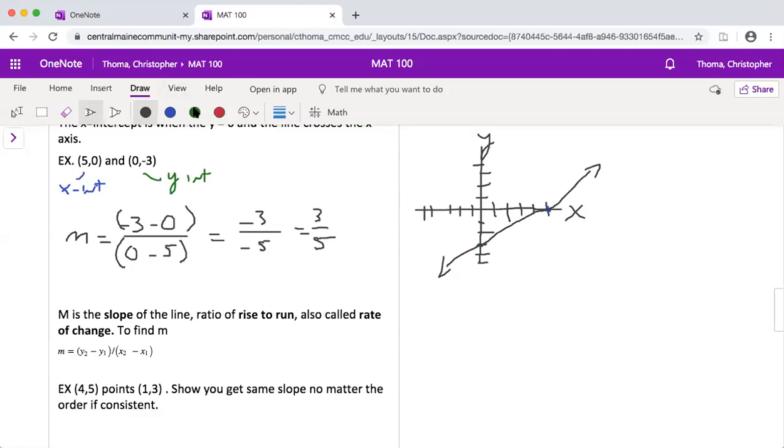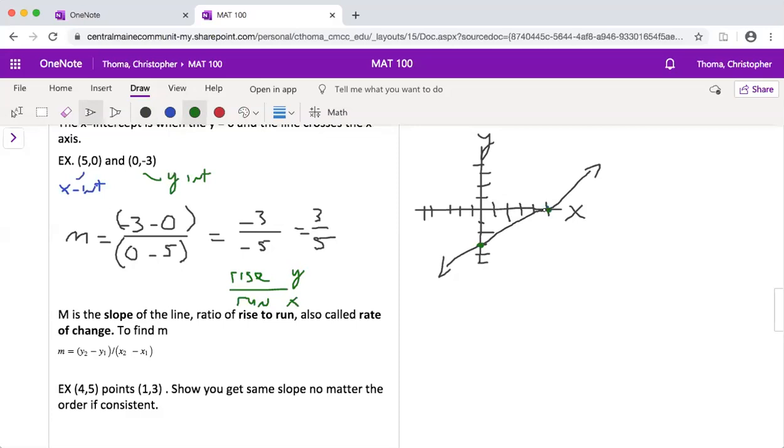The reason slope helps us is because a lot of us know slope as rise over run, where rise is the y and run is the x. So if I go to this point and it says rise 3, I go up 3, 1, 2, 3, and then run a positive 5, so I run to the right, 1, 2, 3, 4, 5.